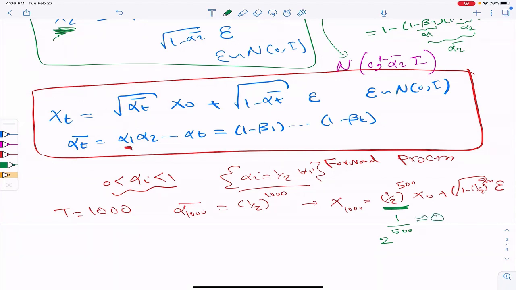So at step 1,000, basically you only get noise, because the first term, roughly speaking, goes away. That's why I mentioned you're adding more and more noise until the content is completely destroyed.